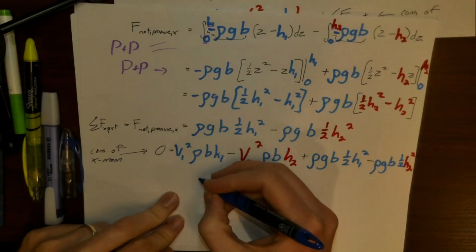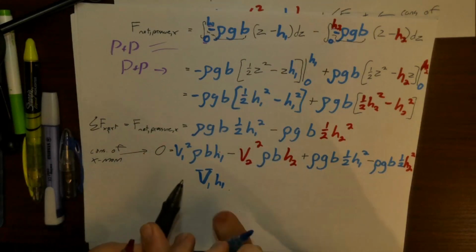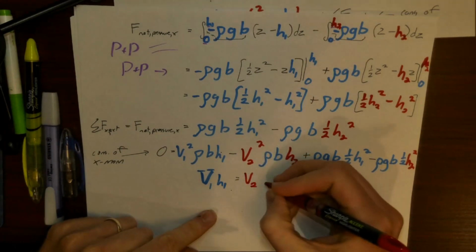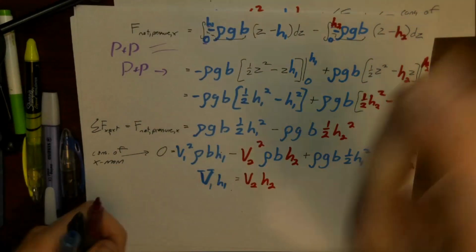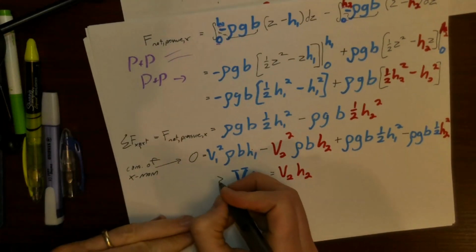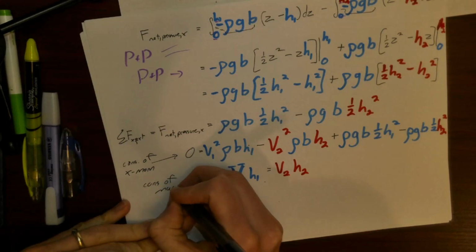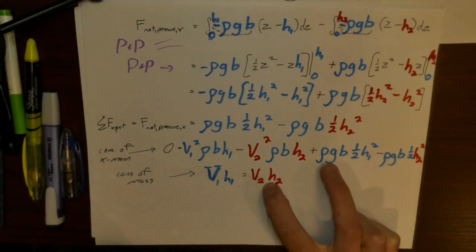Conservation of mass is V1 H1 equals V2 H2. So now we have two equations and two unknowns.